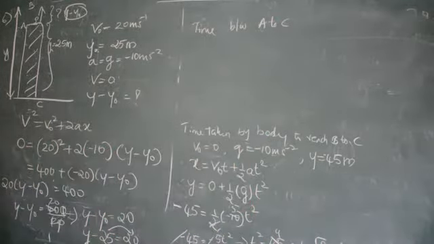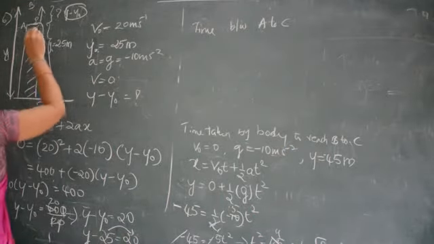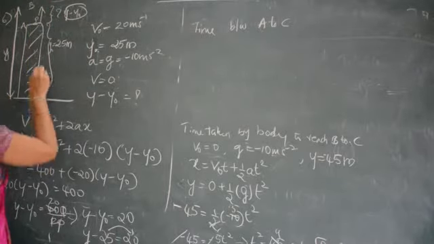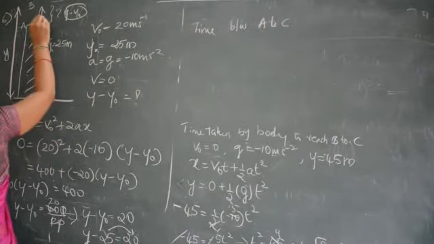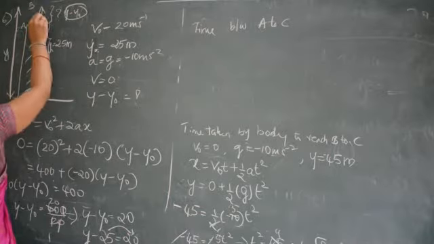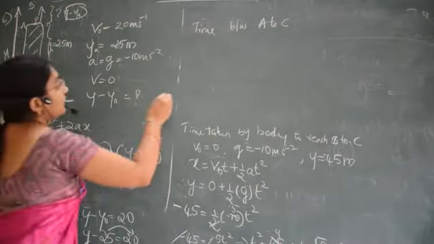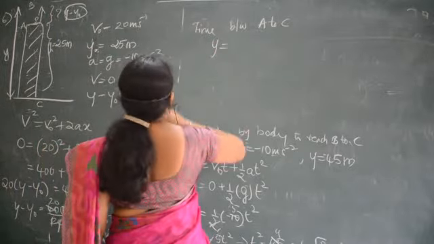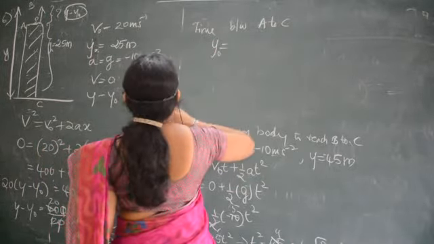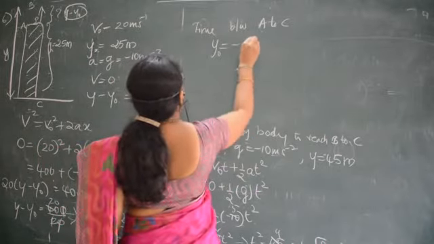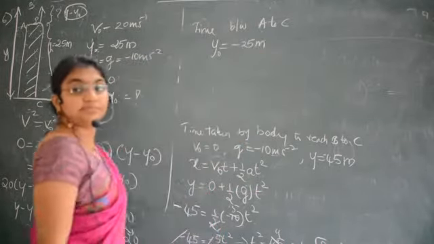The displacement from A to C starts here, goes here, comes back here, then comes here. So the displacement from here to here and from here to here got cancelled. Only the remaining part is this one. So displacement is y naught, and it is coming downwards, so I will write minus 25 meter.